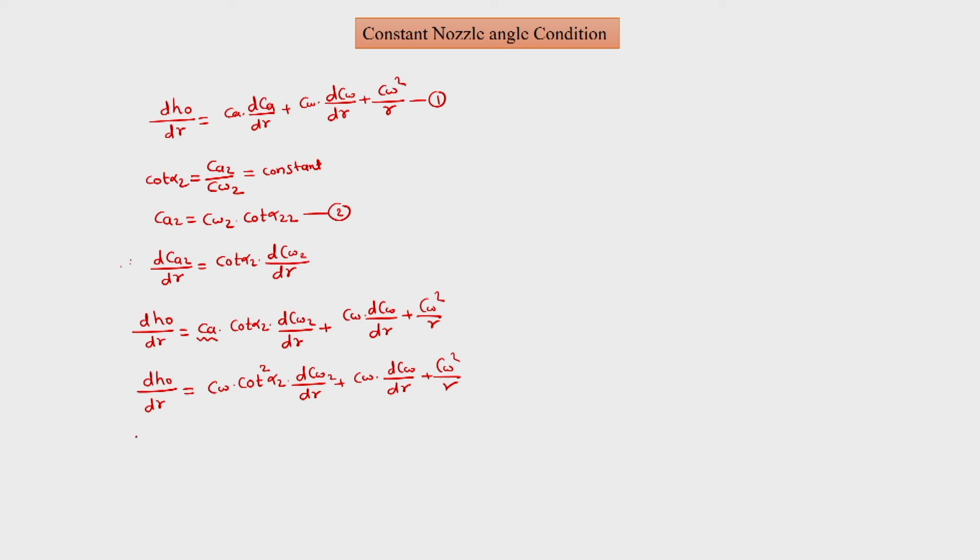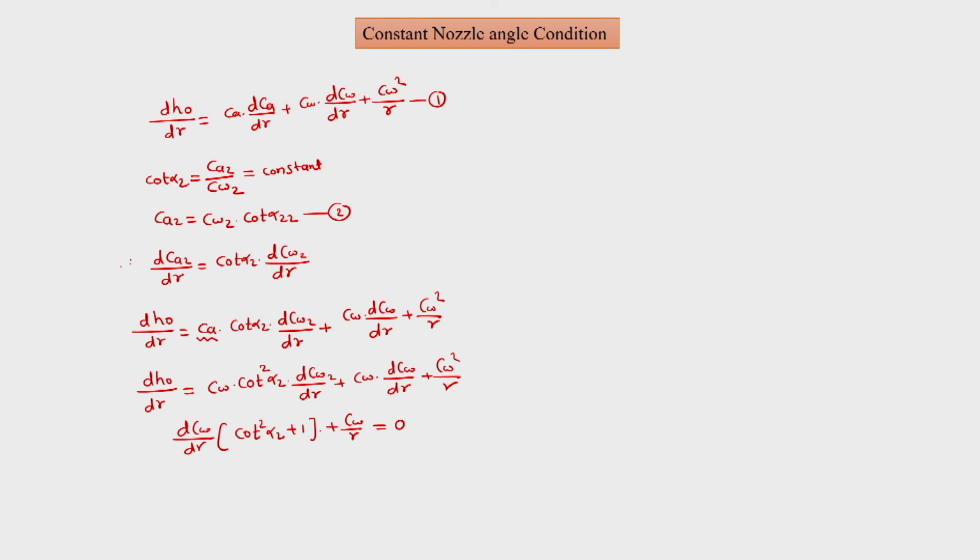We can consider left hand side to be 0 by the fact that H0 is not changing with respect to r. So we can divide the expression by Cw, then we can get dCw by dr into cot square alpha 2 plus 1 plus Cw upon r is equal to 0.